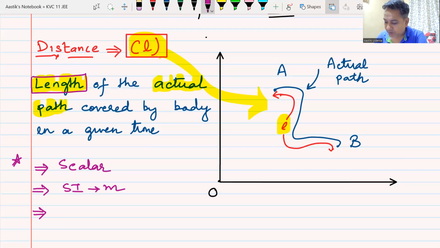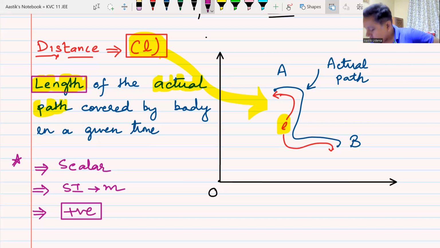Can the length of a body be negative? Is the length minus 5 meters? Does that happen? No. Therefore, distance traveled by a body is always positive. It comes from the phenomenon of length. Length cannot be negative. Distance traveled by a body is never negative.